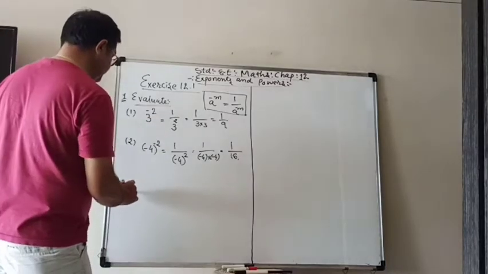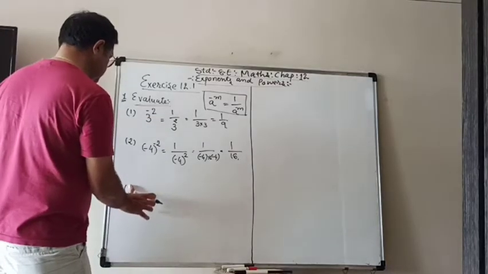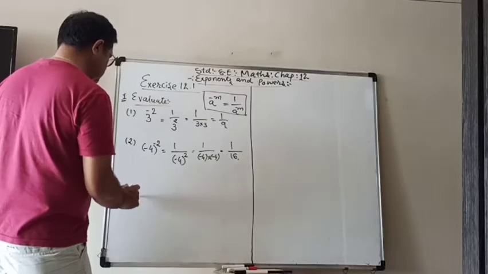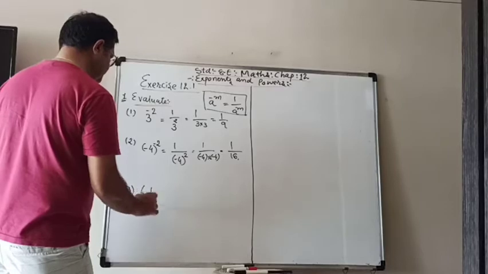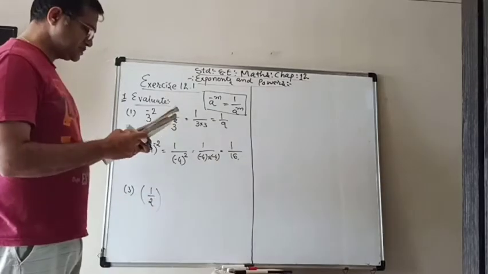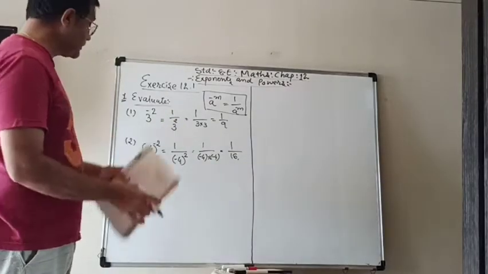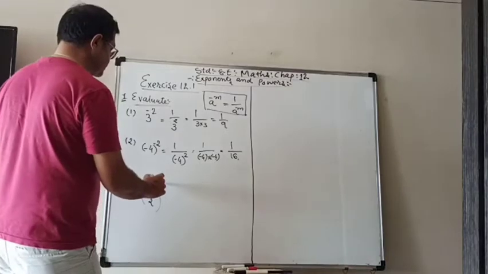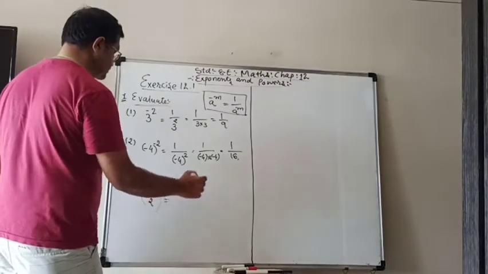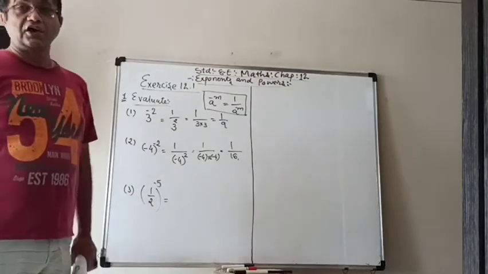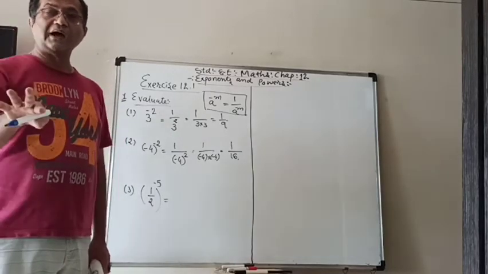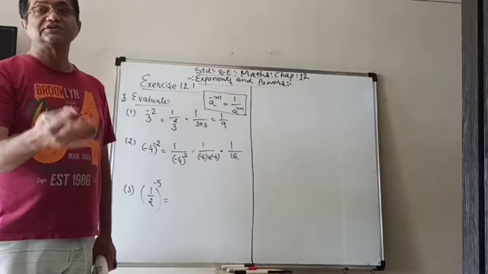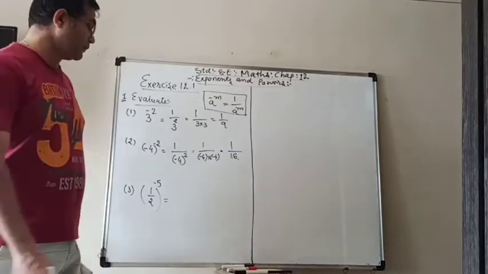Third one. In third one, you can see it is 1 upon 2 raised to the power minus 5. Here also we are applying the same rule. But 1 half, its reciprocal will be 2 upon 1.